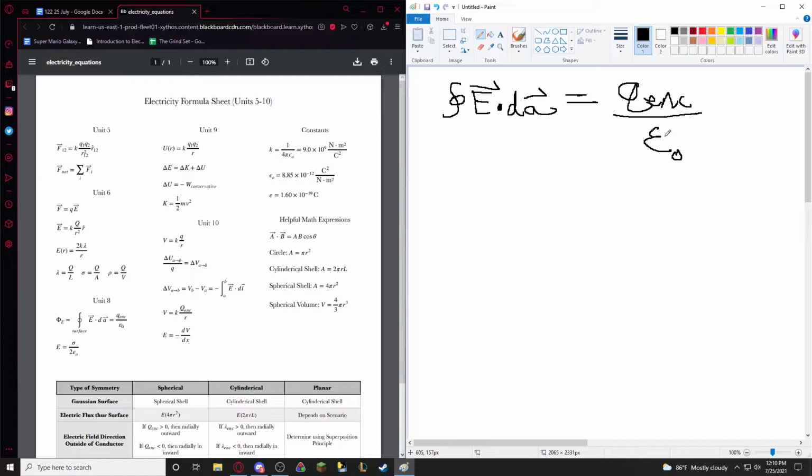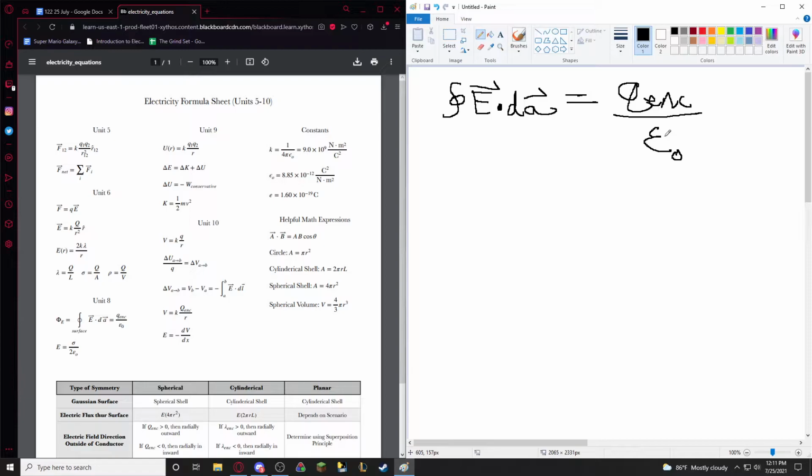The net charge, I believe. Hang on, it has something to do with an electric field passing through a surface, because that's what this integral is, right? It's the total electric field lines passing through a surface. So what is that?